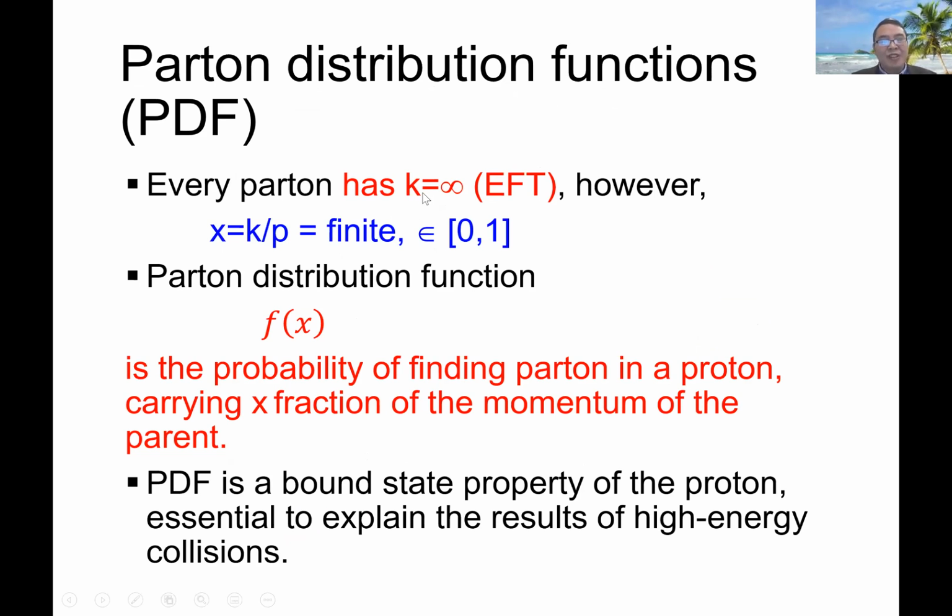The ratio of this infinite momentum parton to the infinite momentum hadron is finite, and in fact, it has a limit between 0 and 1. And you introduce the parton distribution f(x) as a probability of finding partons in the proton and carrying x fraction of the momentum of the parent. Now, the PDF is a bound state property of the proton, and it is essential to explain the results of high energy collisions.